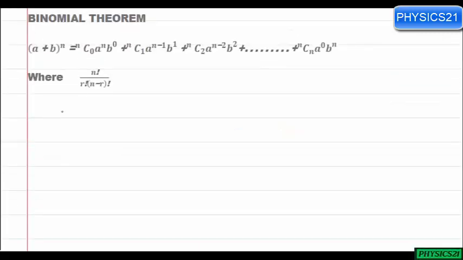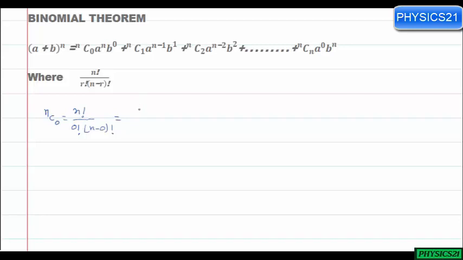Now we will solve it. We know that the value of nC0 is written as factorial n divided by factorial 0 times factorial n minus 0. We can solve it.